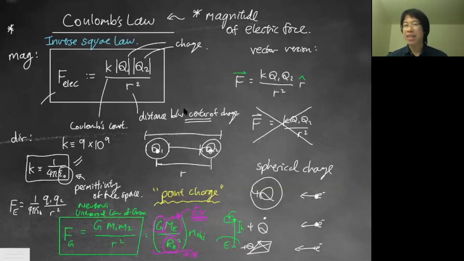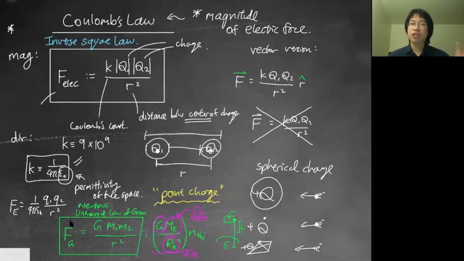Some things have zero charge, some things have zero mass. Light has zero mass, it doesn't really have any mass. But the difference is charge can be negative. Mass, as far as we know, and believe me, we've been trying to find it as physicists, there's no negative mass. So that's one difference. Despite that difference, why is it so similar?